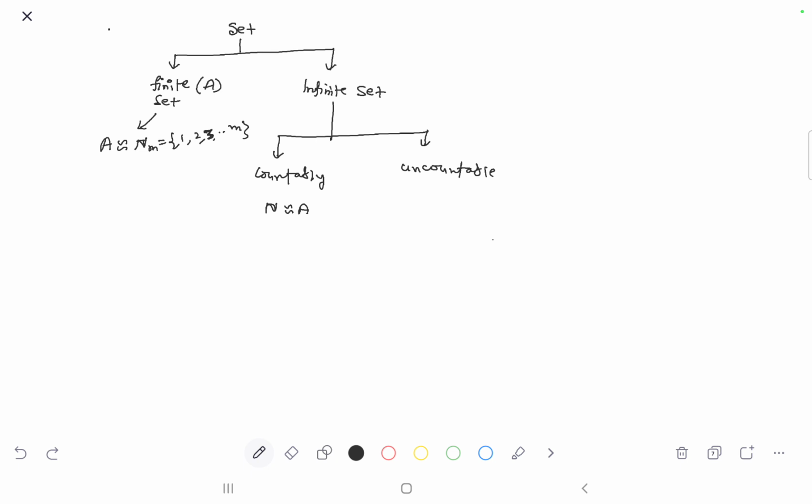And uncountable set means it is not finite and not countably infinite.